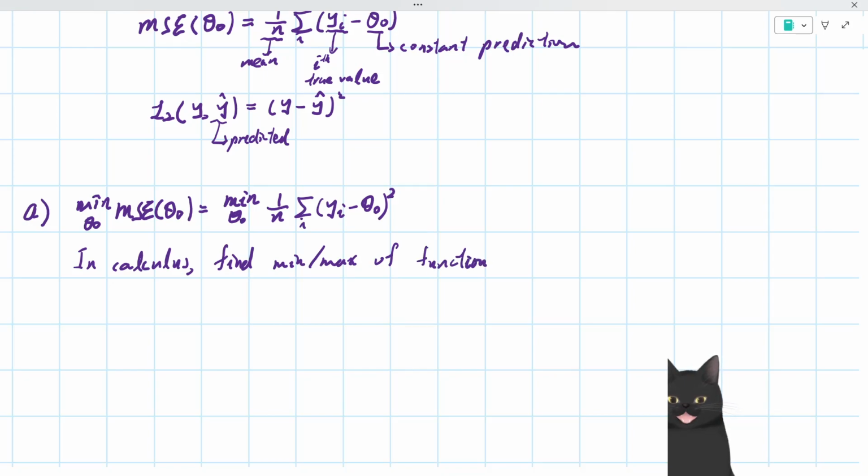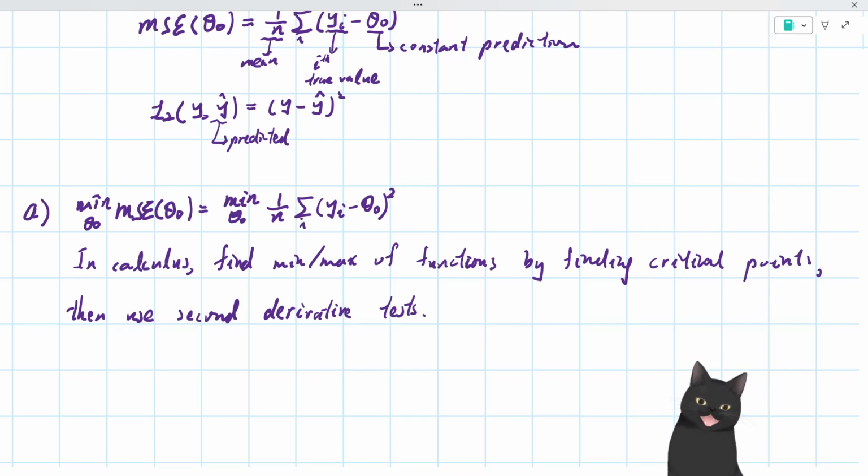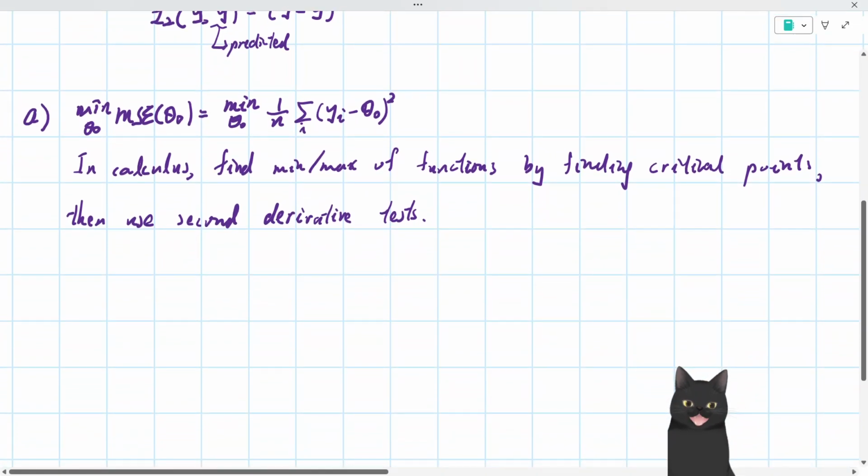Or more specifically, we do it by finding critical points, and what we then do is use the second derivative test to check whether this critical point is a minimum or a maximum. Hopefully that brings back some memories. In the lecture, we mentioned this extra knowledge, which I did not go through in discussion, and that is called convex functions.